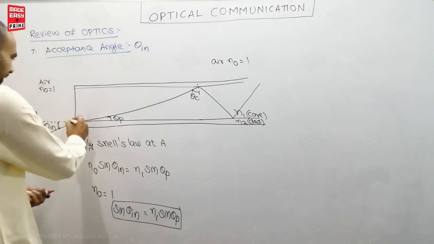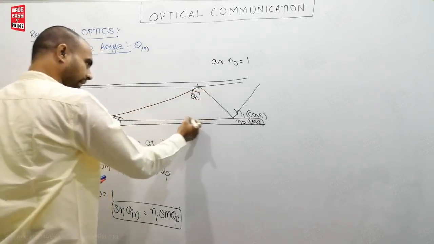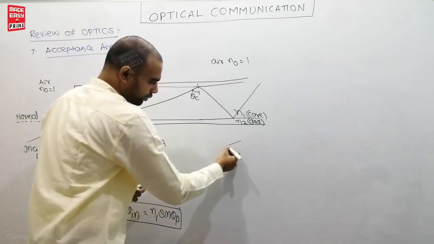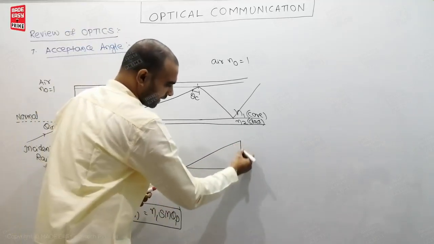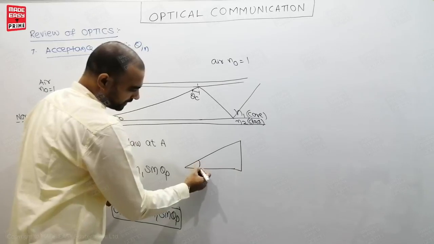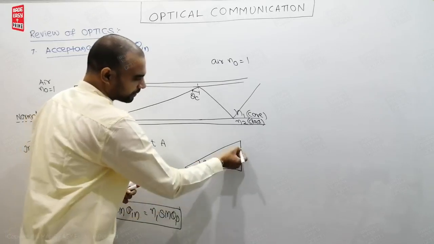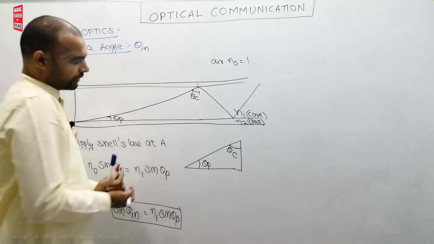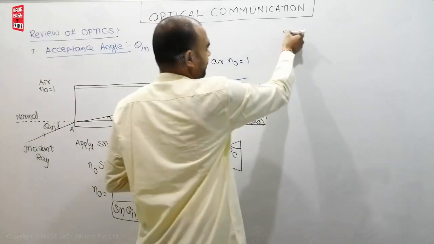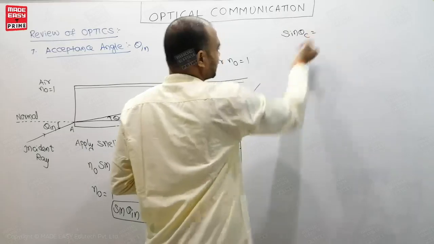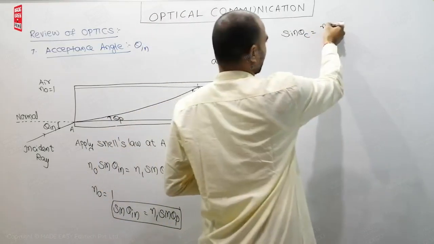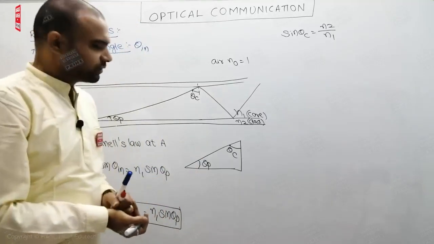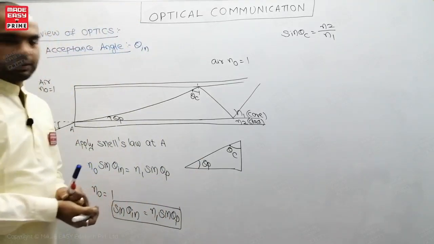Now just see here, it is forming one triangle. I am going to consider that triangle. This is theta p, and this is theta c. We studied in the classroom that sine theta c is equal to n2 by n1.